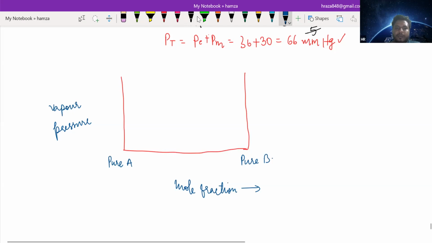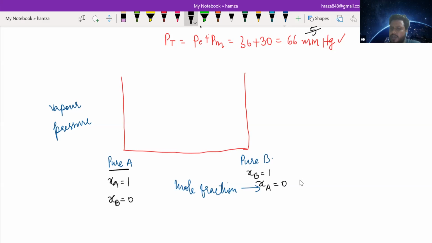Now see, if only pure A is present here, that means mole fraction of A will be equal to 1 and mole fraction of B will be 0. In the same way, mole fraction of B will be equal to 1 and mole fraction of A will be 0 because there is no A and there is no B.